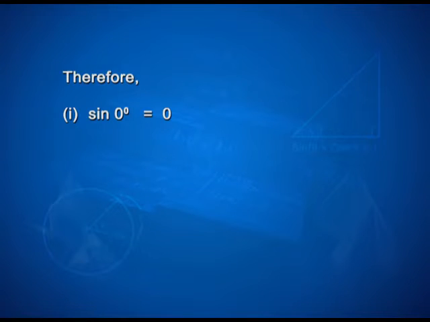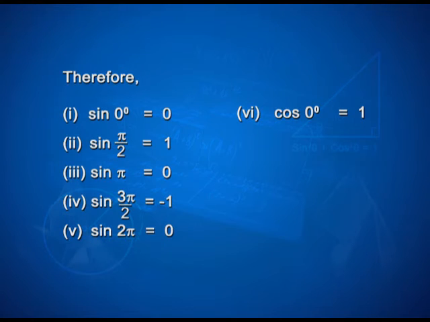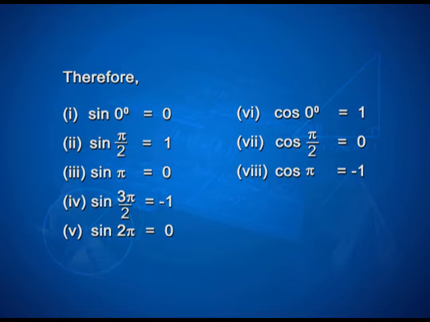Therefore, we have sin 0 as 0, sin pi by 2 as 1, sin pi as 0, sin 3 pi upon 2 is equal to -1, sin 2 pi is equal to 0. Similarly, cos 0 is 1, cos pi by 2 is equal to 0, cos pi is equal to -1, cos 3 pi by 2 is equal to 0 and cos 2 pi is equal to 1.